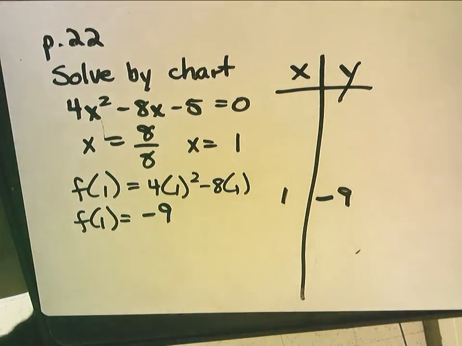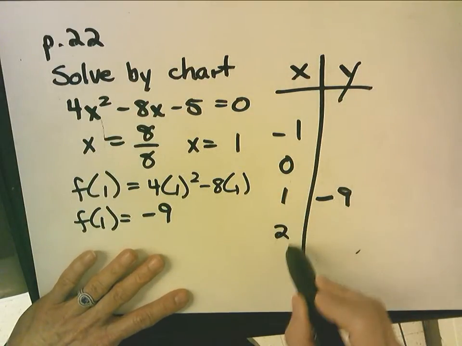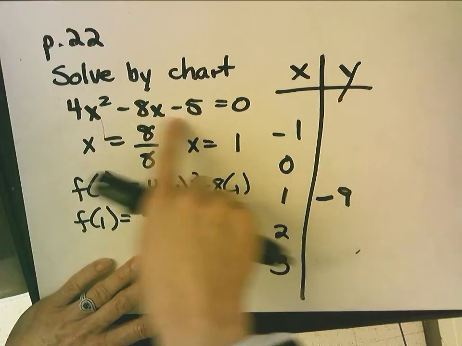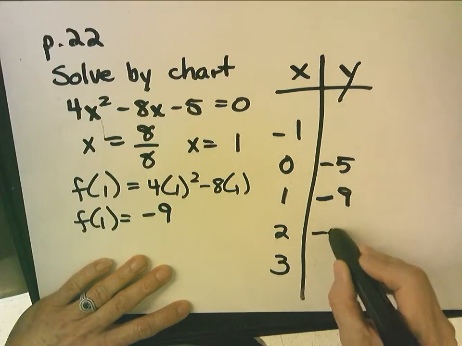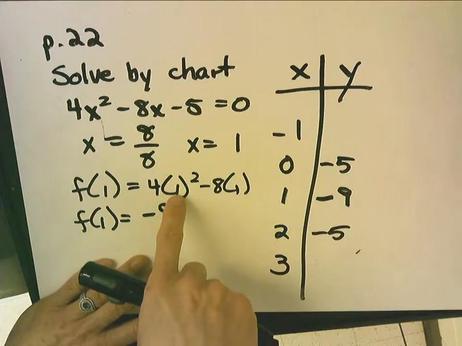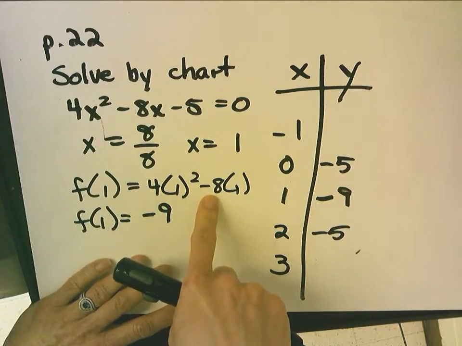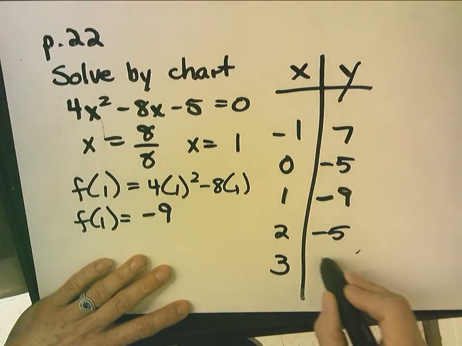Okay, now I'm going to find numbers above and plug in and get numbers below. When I plug in 0, I get a y value of negative 5. When I plug in negative 1, 4 times negative 1 squared is 4, plus 8 is 12, and minus 5 would be 7.